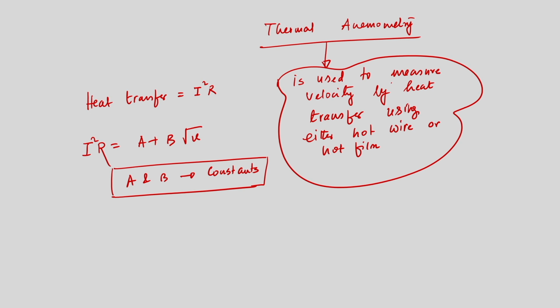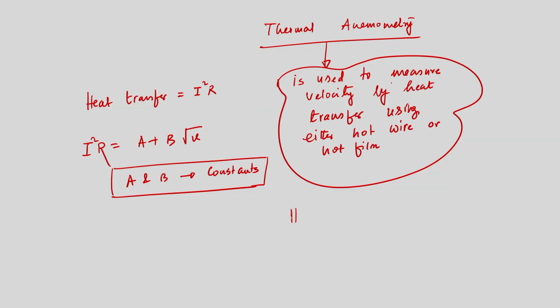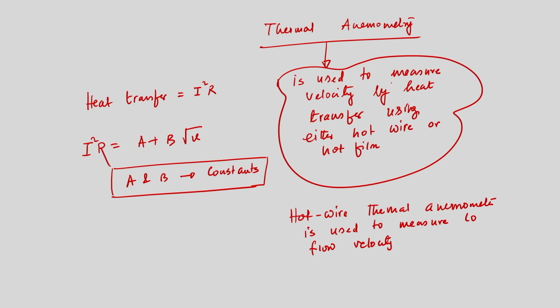We have discussed the hot wire thermal anemometer, and we have seen that it is used to measure the component of flow velocity normal to the wire.